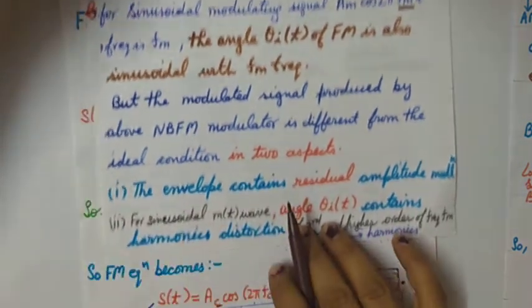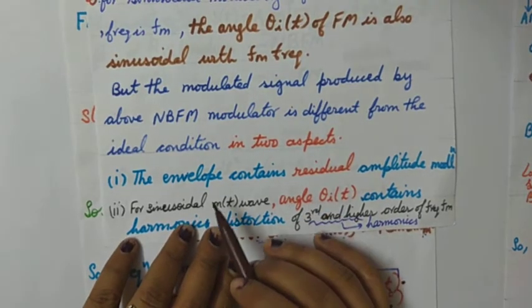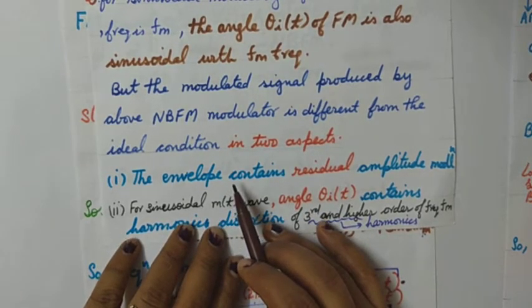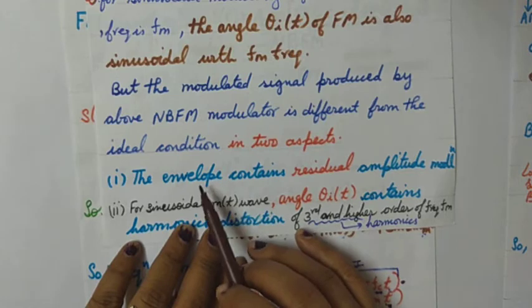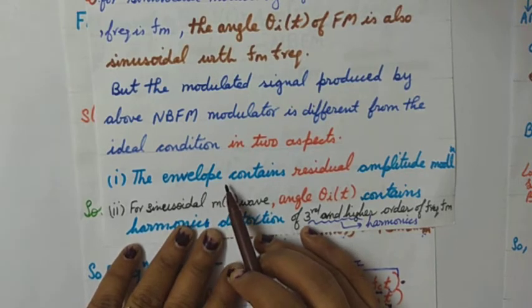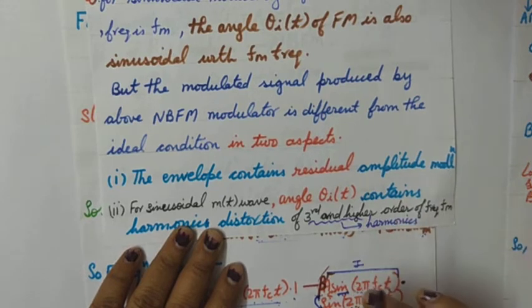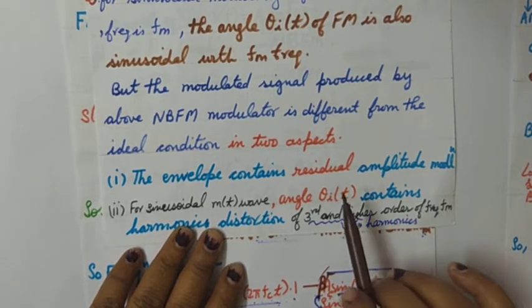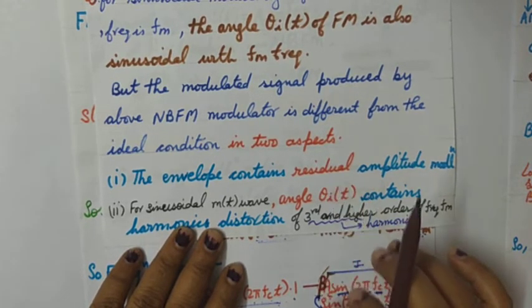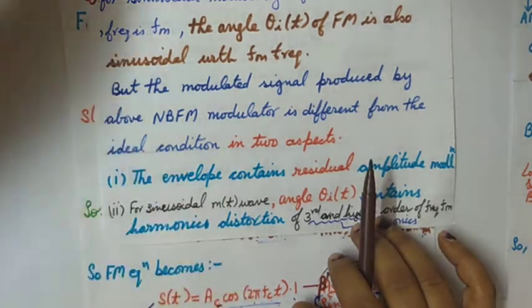The first is that ideally the envelope or the amplitude should be constant, but it is not so. The envelope or the amplitude contains a residual amplitude modulation. It means the amplitude changes. So there is somewhat of amplitude modulation present in it.